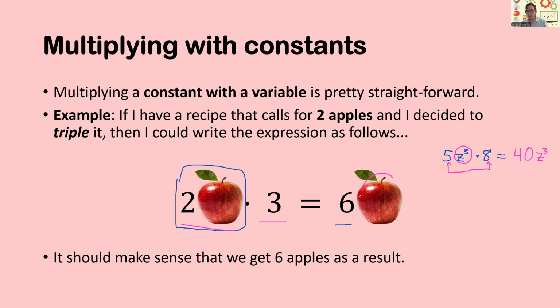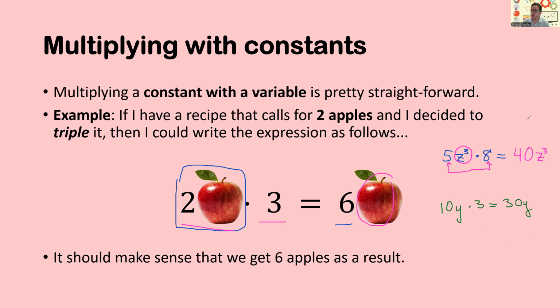And then we just put that variable back in place. So when you multiply a constant times a variable term, it doesn't matter what the variable term is or what the exponent happens to be. If I had 10y times 3, then that should be 30y. Does that make sense? Yes.